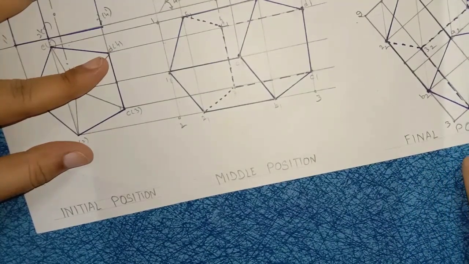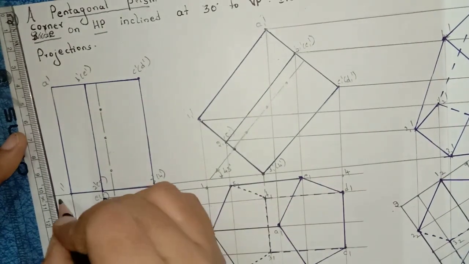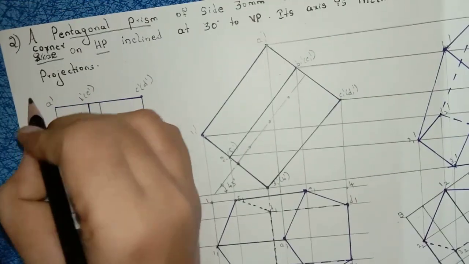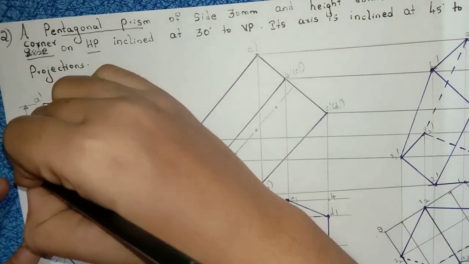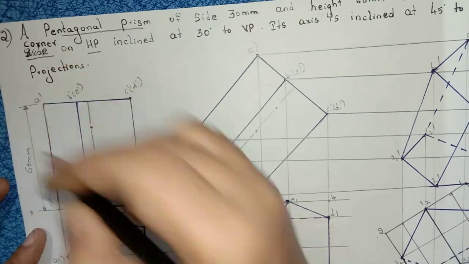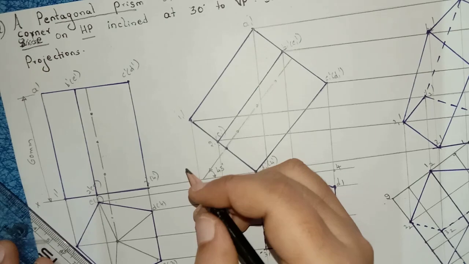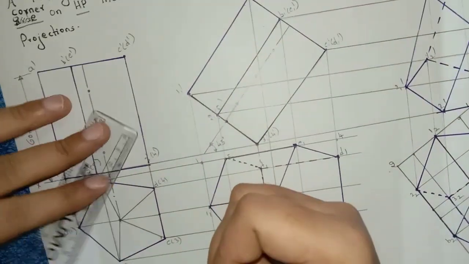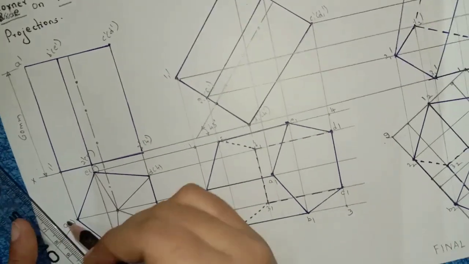After completion of your problem, don't forget to mark the dimensions. In this question, they mention axis height is here 60 mm. Take 60 mm and write down here, right? And then next they mention pentagon length. Pentagon length of this pentagon is here 30 mm.